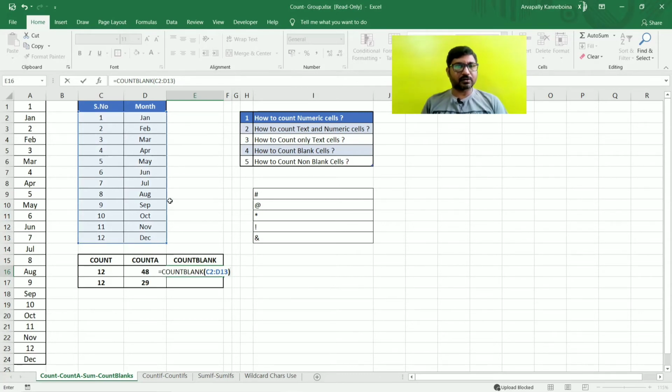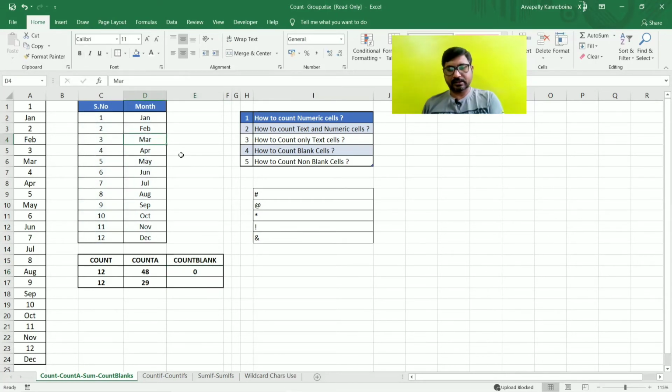After this count, it will get 0, because there are no blank cells in our selection, right? So we get the result as 0. I'm deleting some random numbers. So in our range, how many blanks are there? 3 only. This is the formula to get the blank cells result.